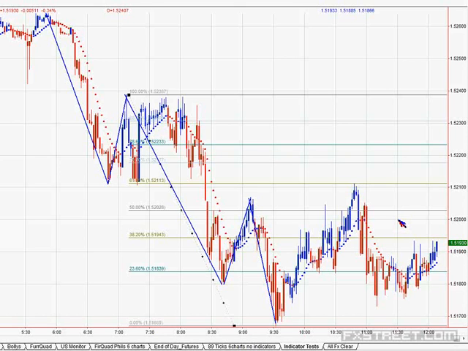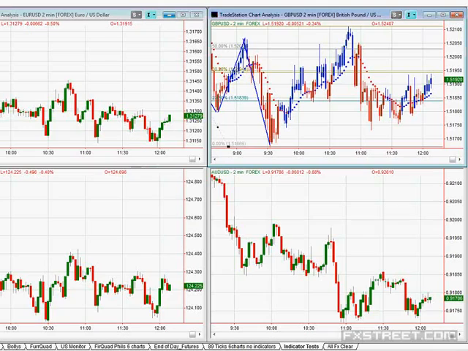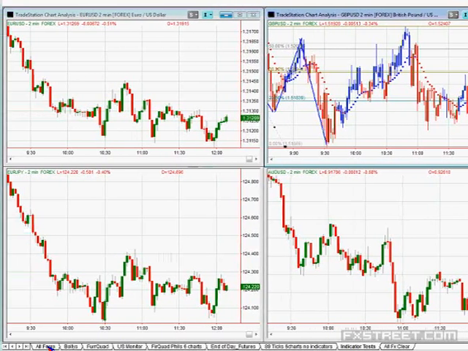But if we then consider other markets, such as what is going on with the euro, let's just take a look at the euro right now. Let's move away from that short-term trader's chart and move over to the euro.